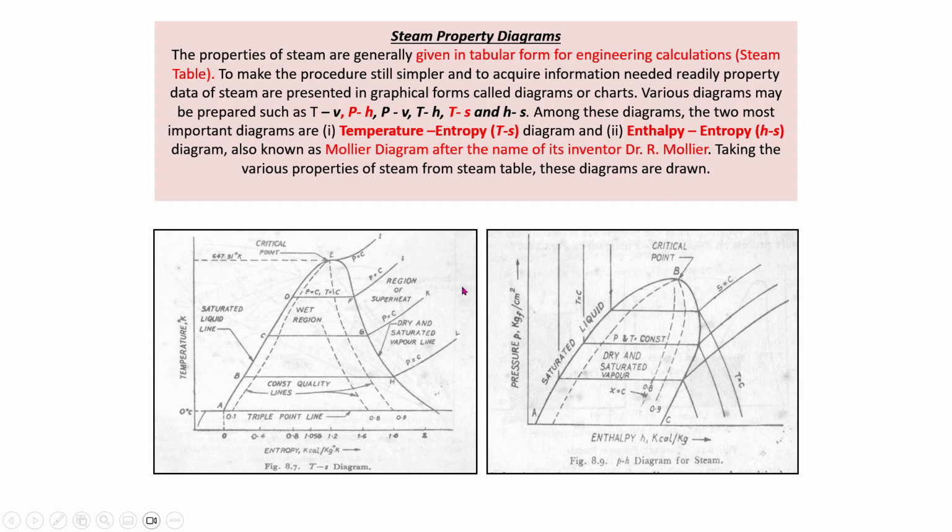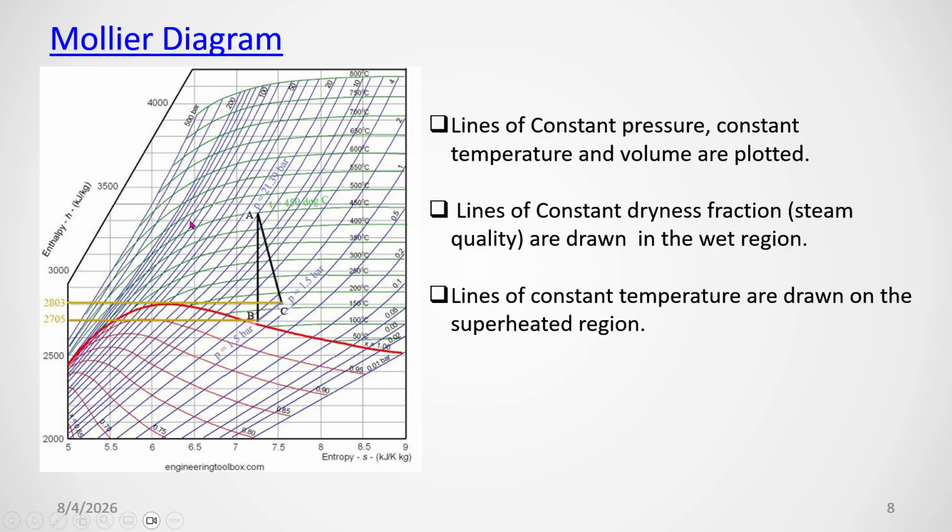This particular diagram, where enthalpy and entropy are plotted for steam, is called the Mollier diagram.